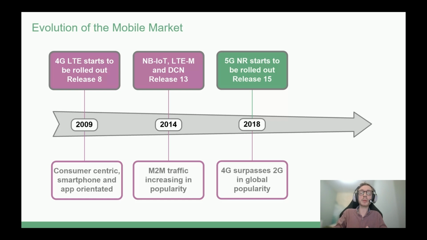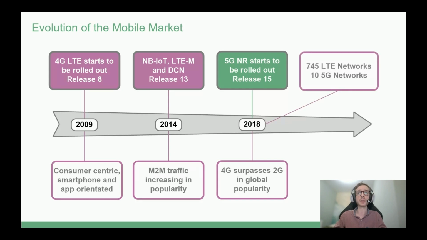And this may be in part due to the narrowband IoT implementation at LTE and dedicated core networks. So at this point in time, in 2018, we see approximately 745 LTE networks and around 10 5G networks. Additionally, in terms of narrowband IoT, we have 74 narrowband IoT networks and 28 LTE-M networks.